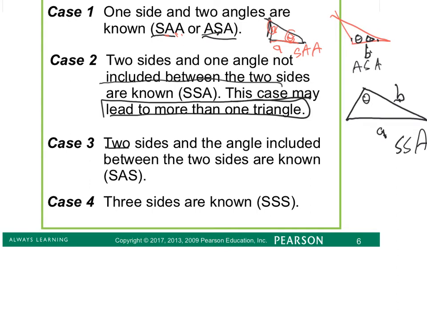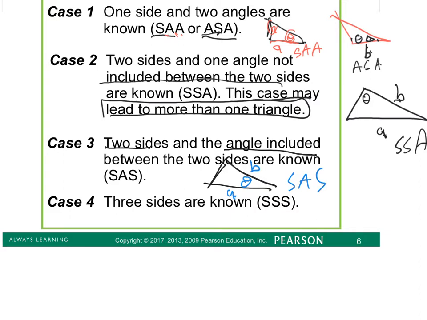If you have two sides and the included angle, that would be like, I know this angle, and I also know the two sides that surround it. That's known as side, angle, side of that triangle.